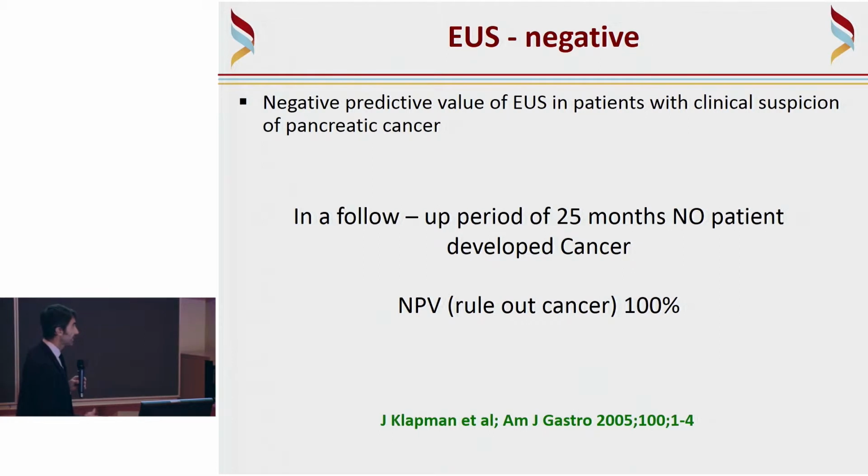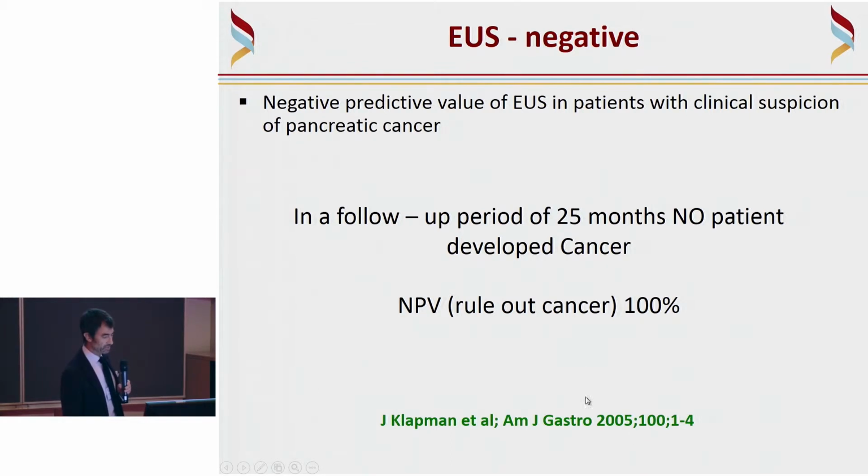And in patients with a negative EUS result, this is a very old paper, but it is still valid, you do not find pancreatic cancer at follow-up.